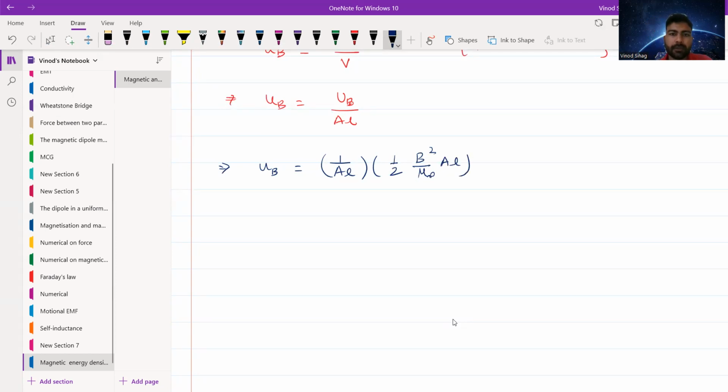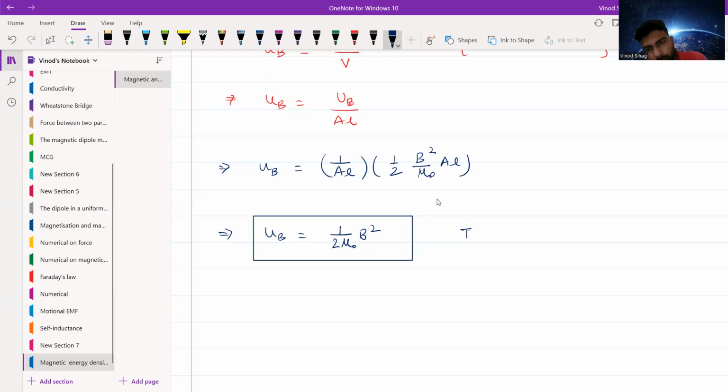This is the equation. From here A l and A l will be cancelled out, and finally we will get the equation of little uB. It is 1 by 2 B square upon mu naught. This will be the equation of magnetic energy density.